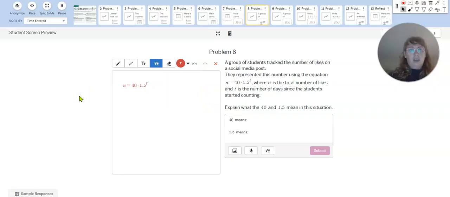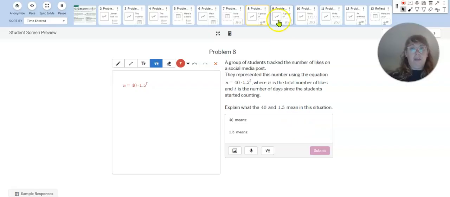And n is the total number of likes, and t is the number of days since the students started counting. So in this scenario, what does 40 mean, and what does 1.5 mean? So I want you to take a little thought about that and think about what could 40 mean, and what could that 1.5 represent? How did we put those numbers there? What do those spots represent?